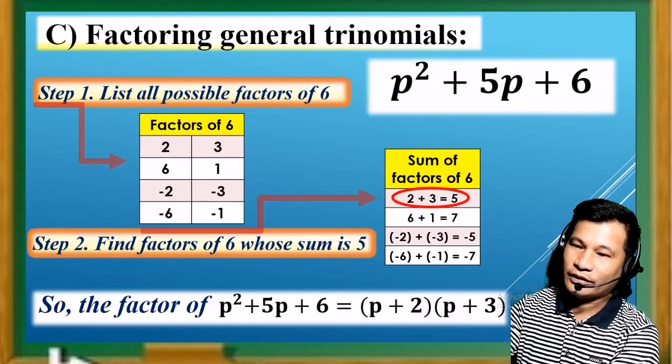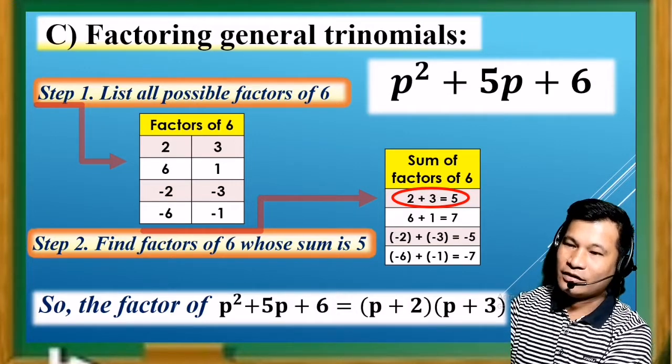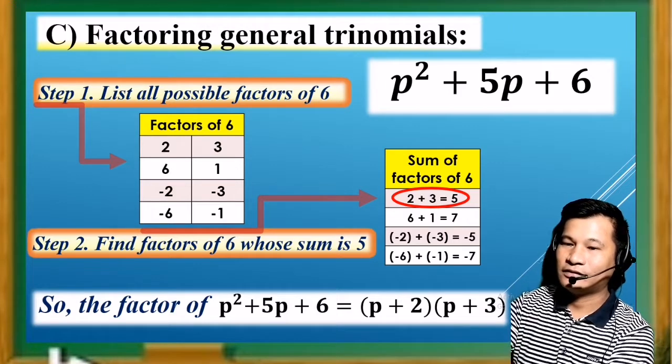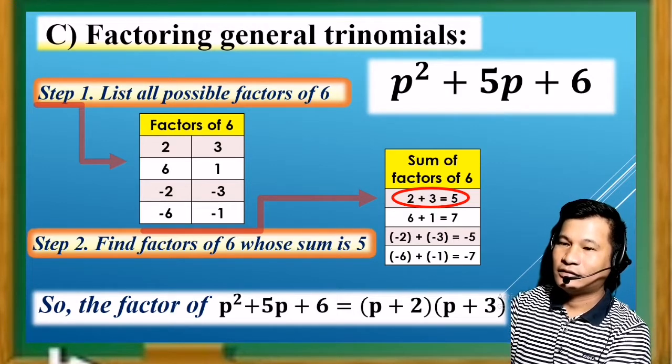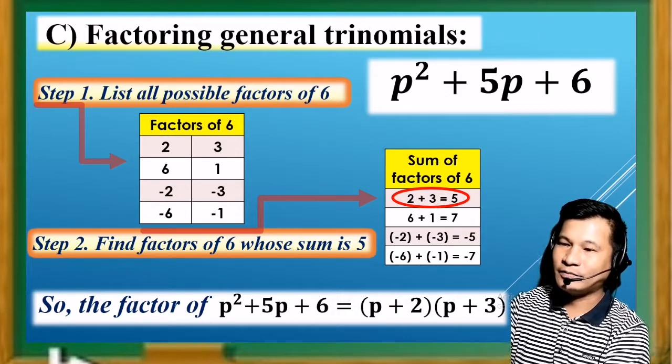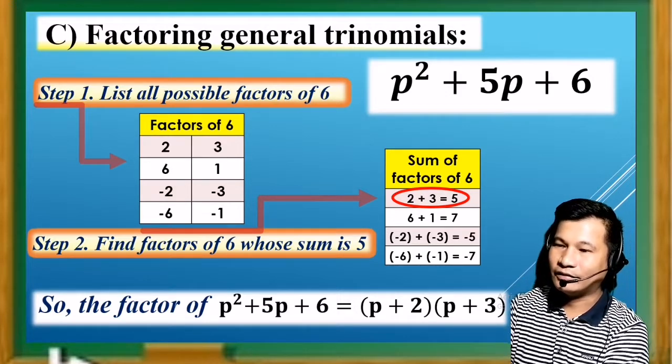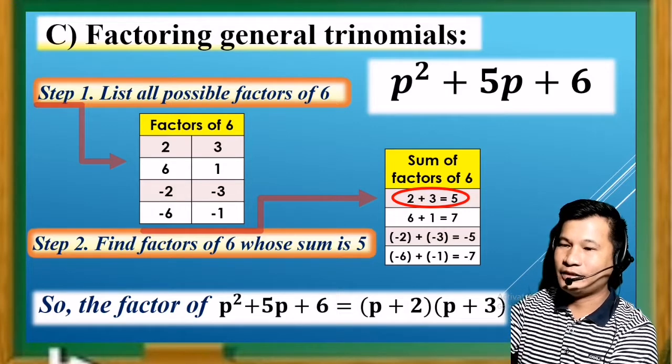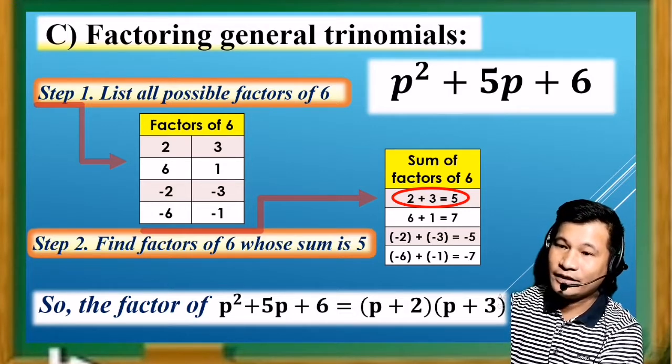For step 2, we are going to find the factors of 6 whose sum is 5. So in the table, we have 2 plus 3 equals 5, 6 plus 1 equals 7, negative 2 plus negative 3 equals negative 5, and negative 6 plus negative 1 equals negative 7.